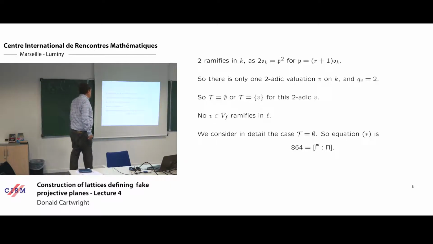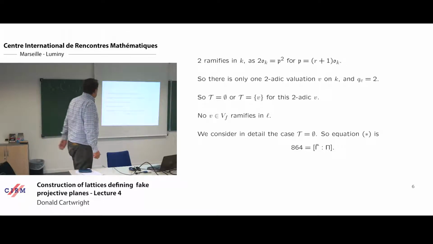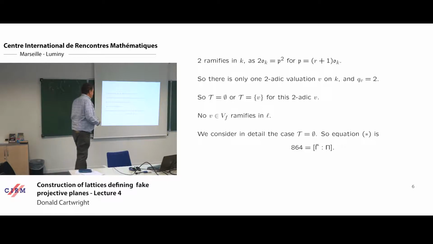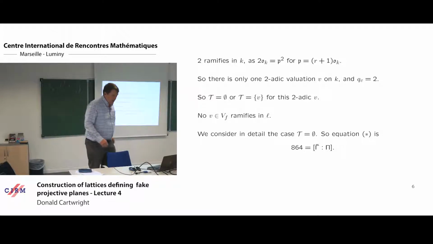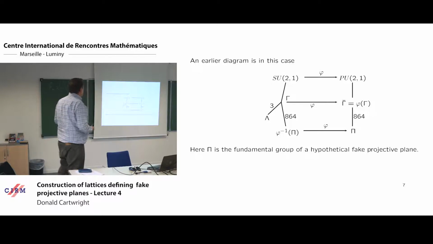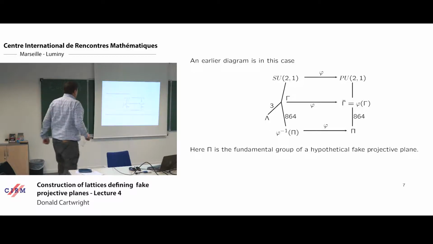so I'm going to look at the case when T is empty, when there's no factor. Okay, so that means the product of those E prime of PVs is just not there, and we simply have this equation. So I drew a picture last time, and this is the same picture from last time in this particular case.